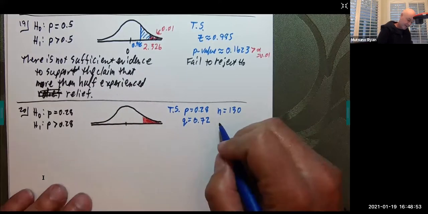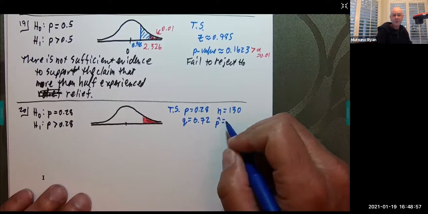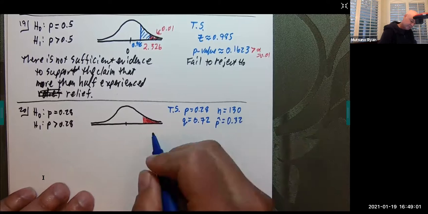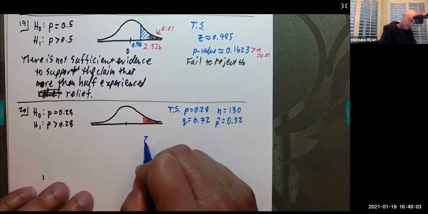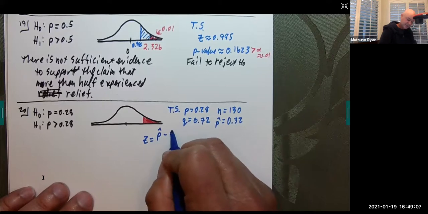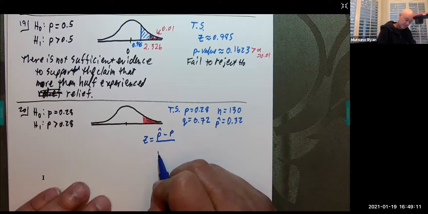And we have P hat, which is the 32%. So for our Z, P hat minus P, we don't have the X and N again, so we have to do it this way.